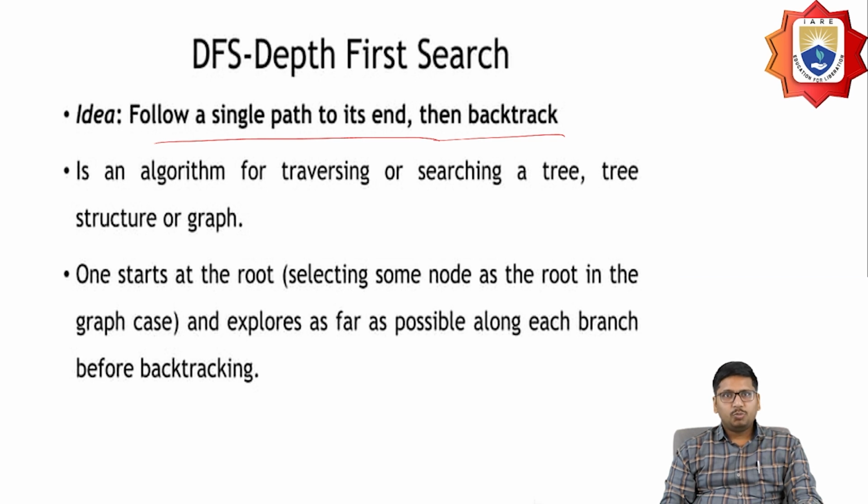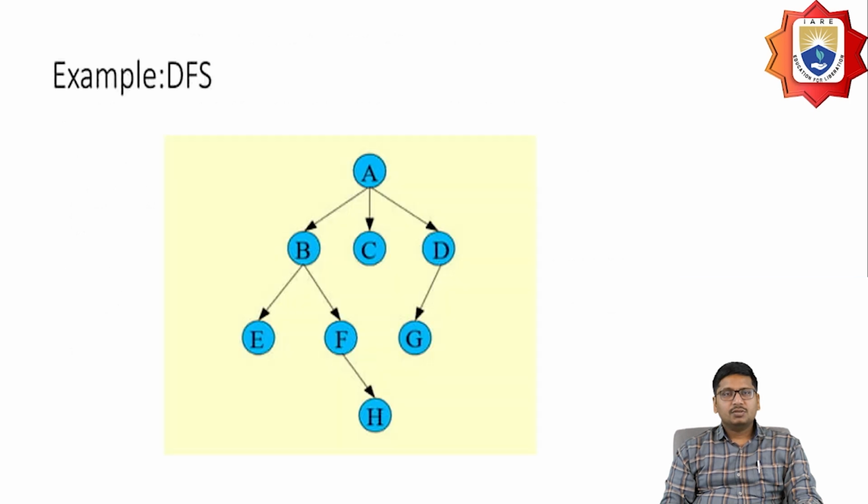Once we start at the root, we simultaneously select the nodes that are connected to the root in the graph and explore as far as possible, and then perform backtracking again. So, an example: consider this tree. What is the starting node?